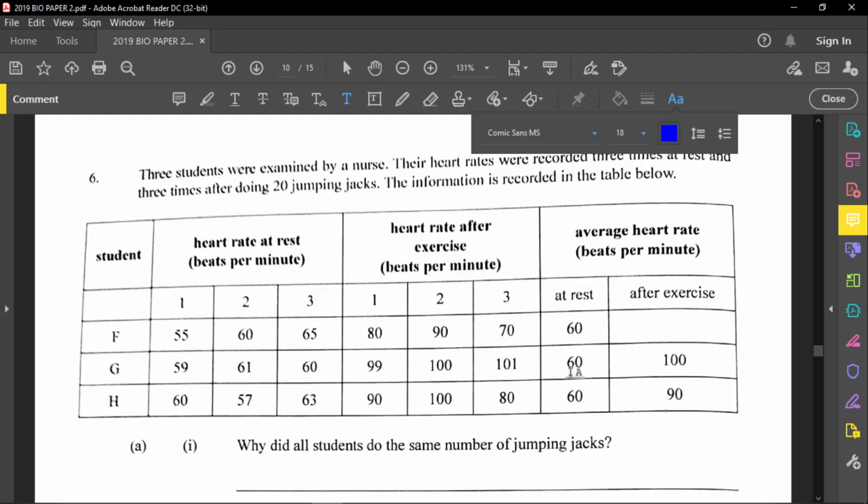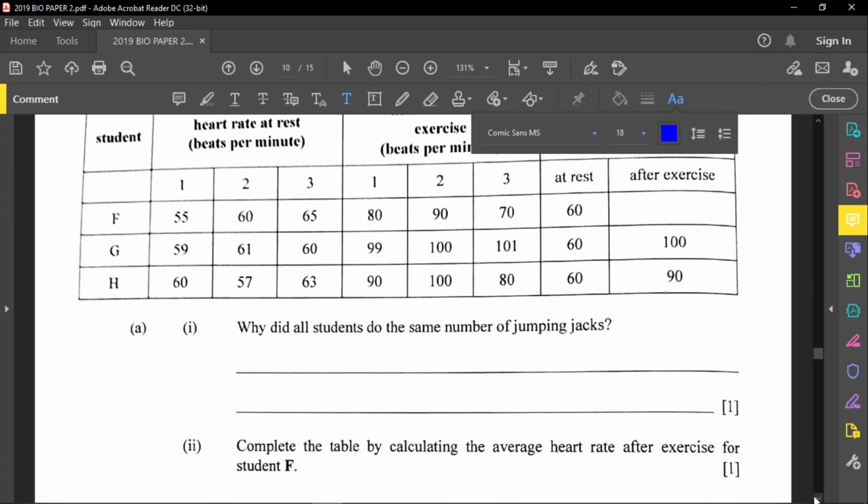All the students had the same heartbeat at rest. After exercise, they gave us the averages for students G and H. One is average 100, you add up all these numbers and divide by 3. That's all they did. And the same thing here, add up all these numbers, divide by 3, and you get 90.